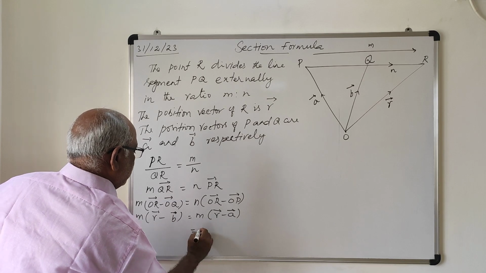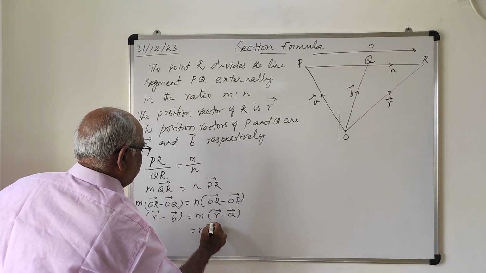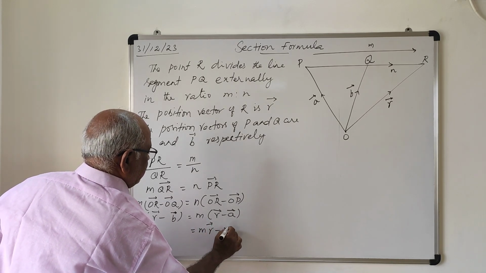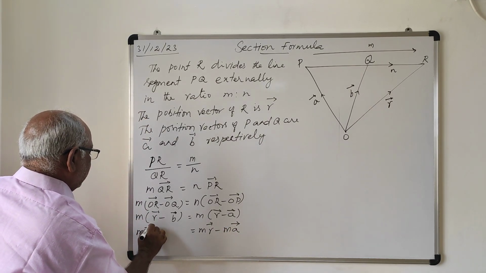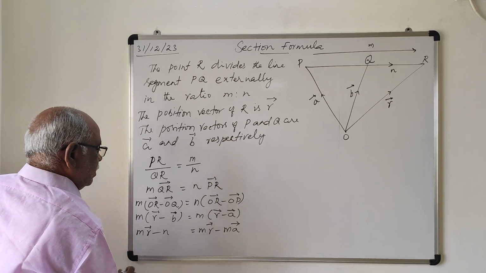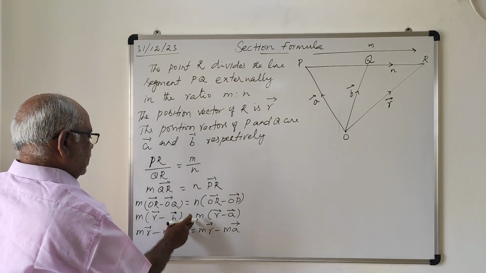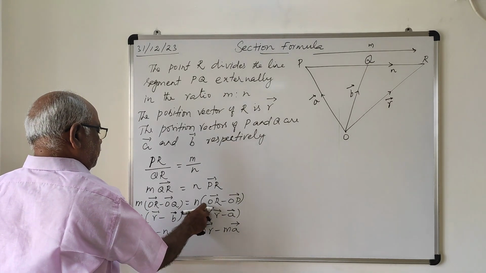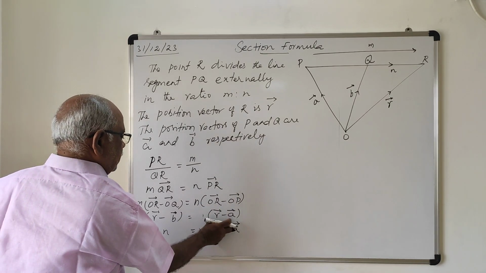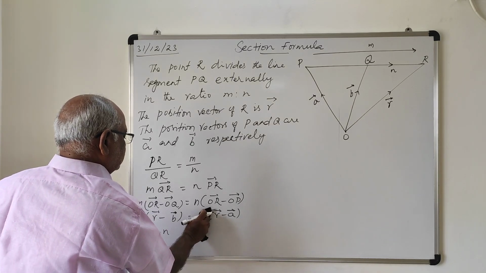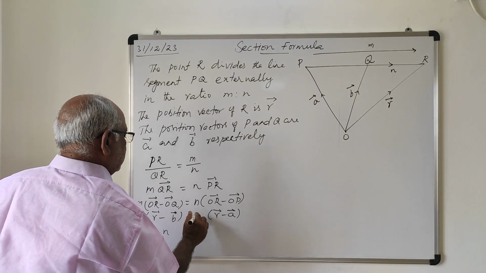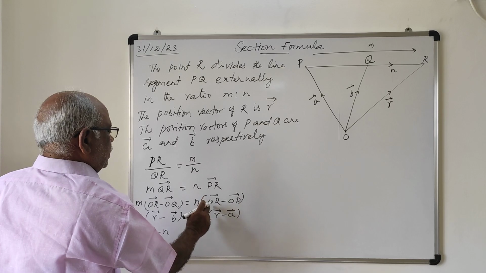Now, on the left hand side it is m into r vector minus m into b vector. Right hand side is n into PR, which is OR minus OP.